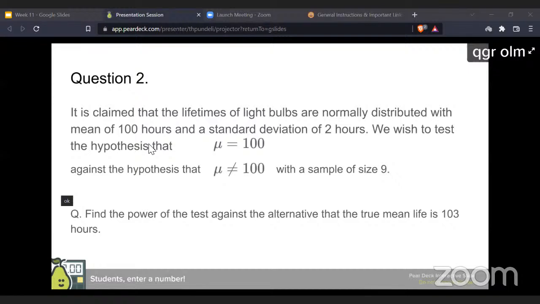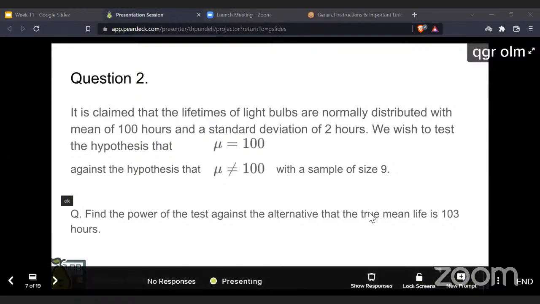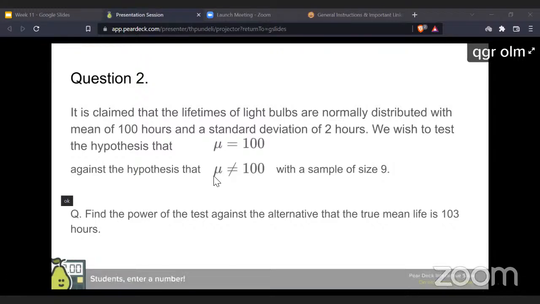So what do you mean by alternative true? Here you have a composite alternative hypothesis, right? It is not a simple hypothesis. So if we are writing mu not equal to 100, it can be anything. We don't know what actually it is.